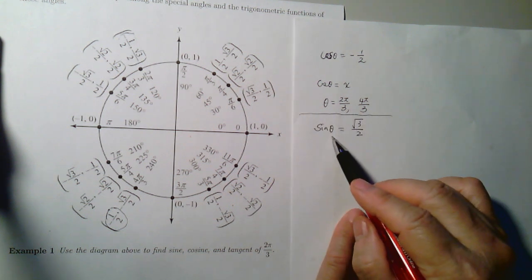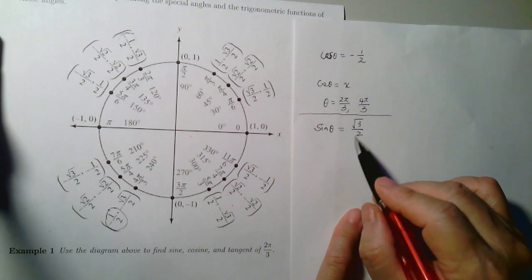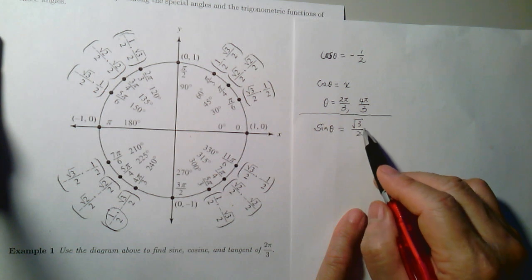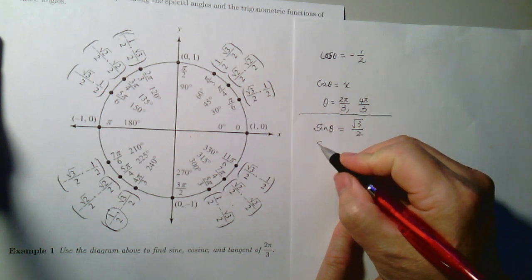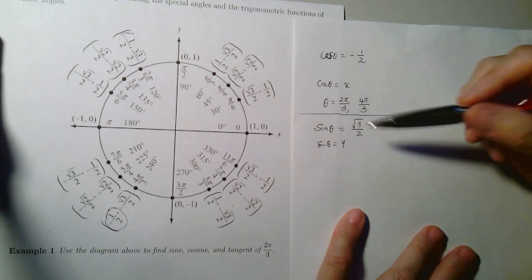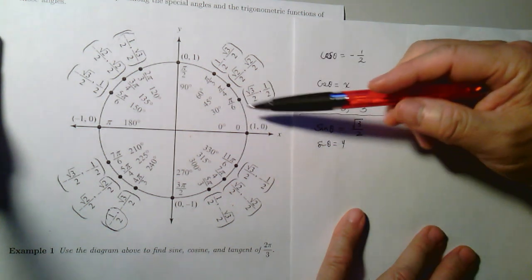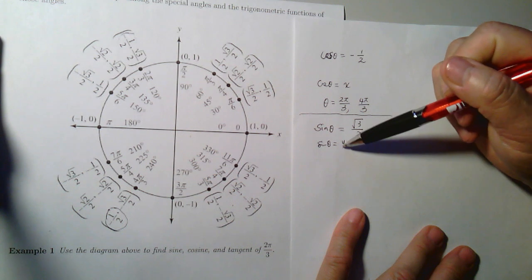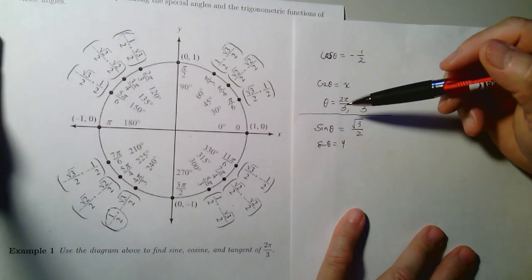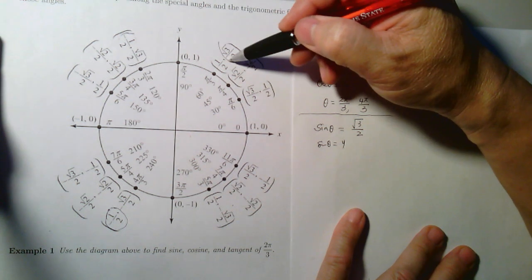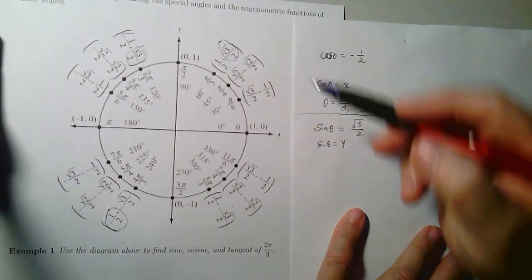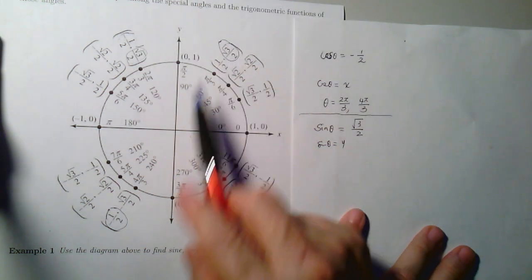If you want to find a theta between 0 and 2 pi, because sine theta equals square root 3 over 2, and sine theta is defined as y, now you're going to see which angle has the y coordinate equal to square root 3 over 2. You can see here this is 1, and there this is 1, okay, that's y equals square root 3 over 2.